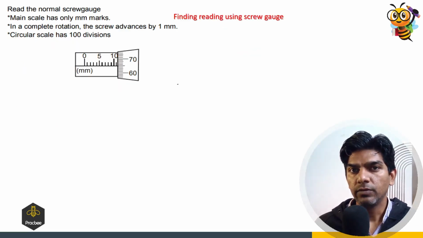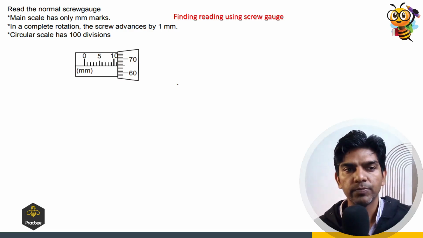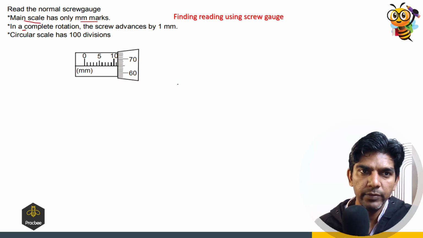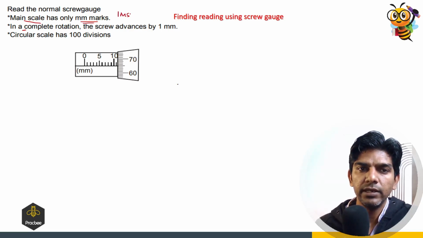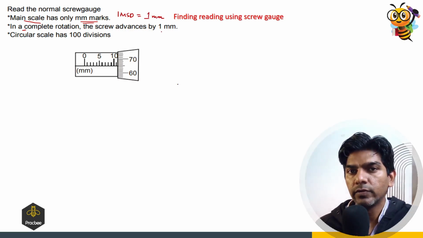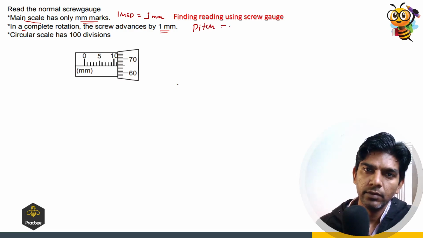Now let us see how we can measure the reading by using screw gauge. So here we are given the main scale has only millimeter marks. So it means 1 main scale division is 1 millimeter. And in 1 complete rotation, the screw advances by 1 millimeter. So pitch is 1 millimeter.